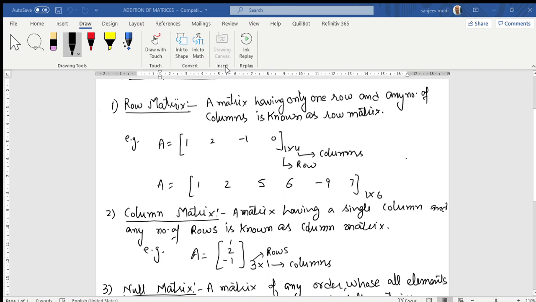This matrix can also be written like this. Now you can say that in a diagonal matrix, A ij equal to 0 where i is not equal to j.